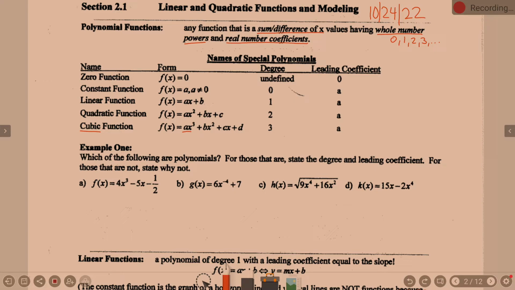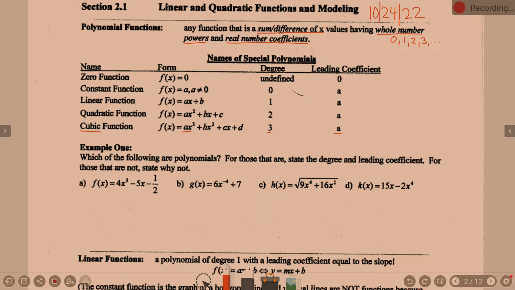Now, the degree there, your degree is your highest power, so degree 3, and leading coefficient. What is the coefficient in front of that highest power? So if my highest power is x to the third, what's the number in front of x to the third? And in this case, that is represented by a.